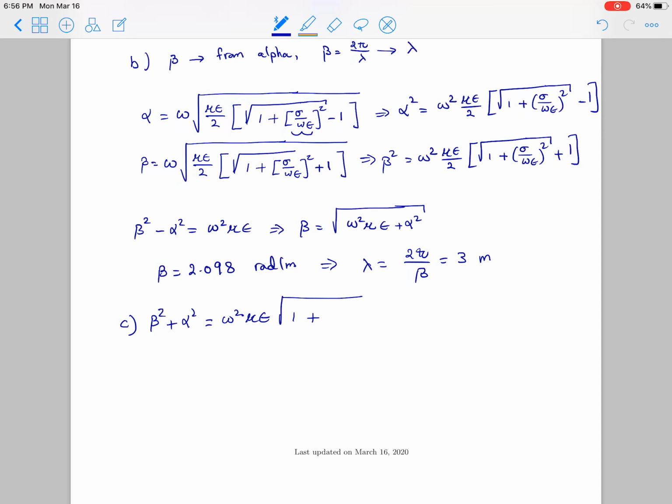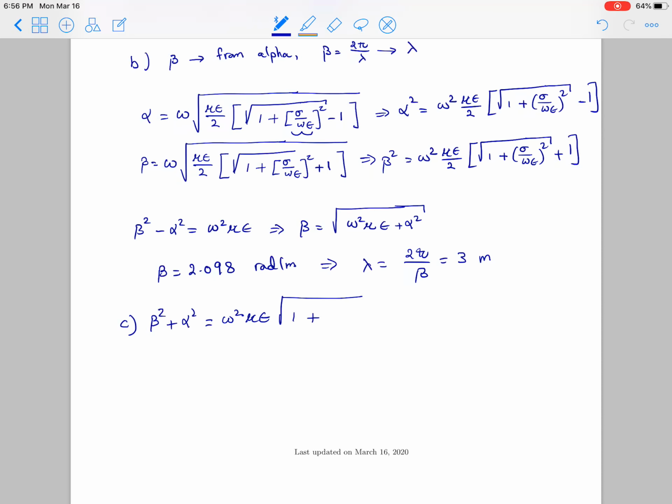times 1 plus... so if I call this one x and substitute all the values, I will end up with x equals 1.0041, which means that x squared equals 1 plus... and that gives me, so this one is the loss tangent.